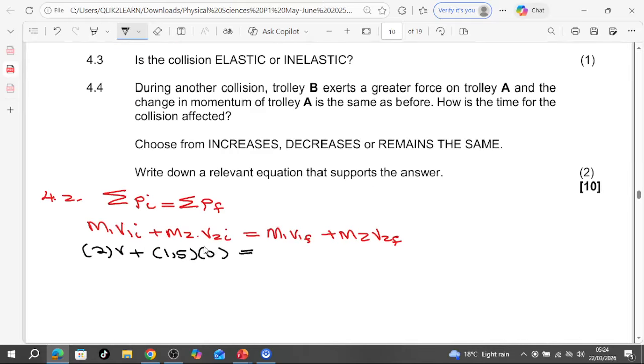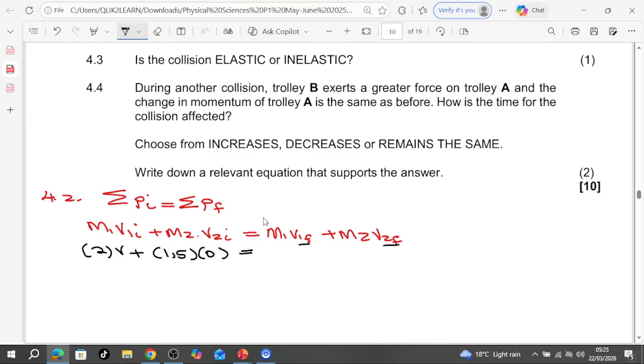Then this is equal to... because now I don't want to confuse myself, I know that there's something missing, but now I just have to verify by substituting everything that I have into this equation. Then the equation will tell you what you miss and what you need to calculate. So now this 2, this is after collision, the objects move together. Since the objects move together, they will move with the same velocity.